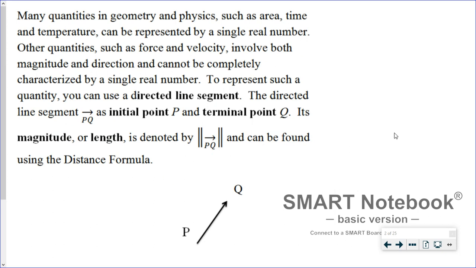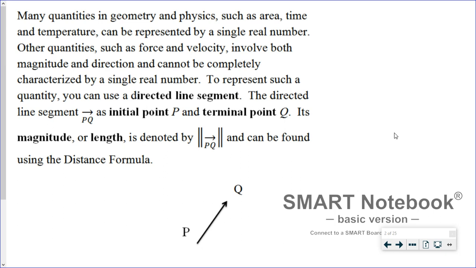So, as it says here, many quantities in geometry and physics, such as area, time, and temperature, can be represented by a single real number. Other quantities, such as force and velocity, involve both magnitude and direction and cannot be completely characterized by a single real number. To represent such a quantity, you can use a directed line segment.